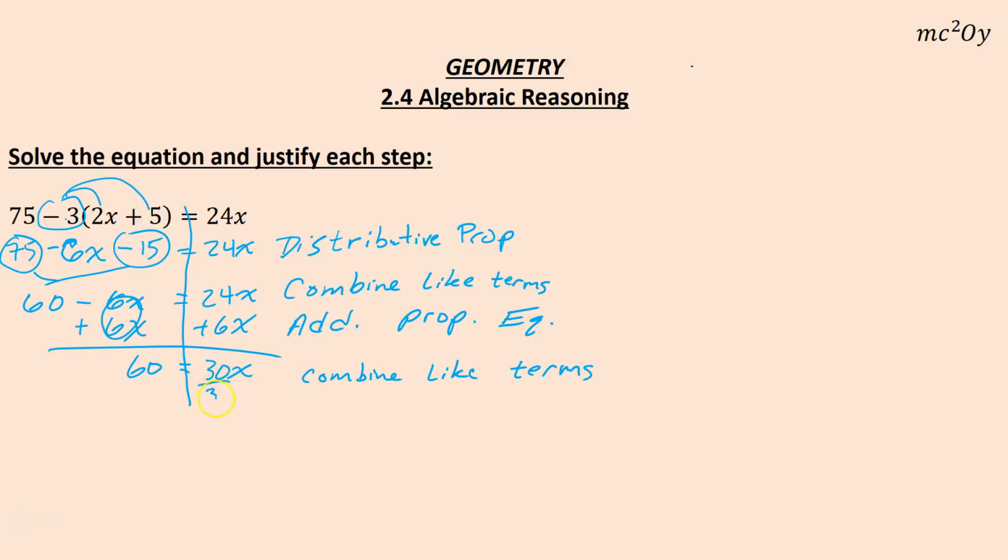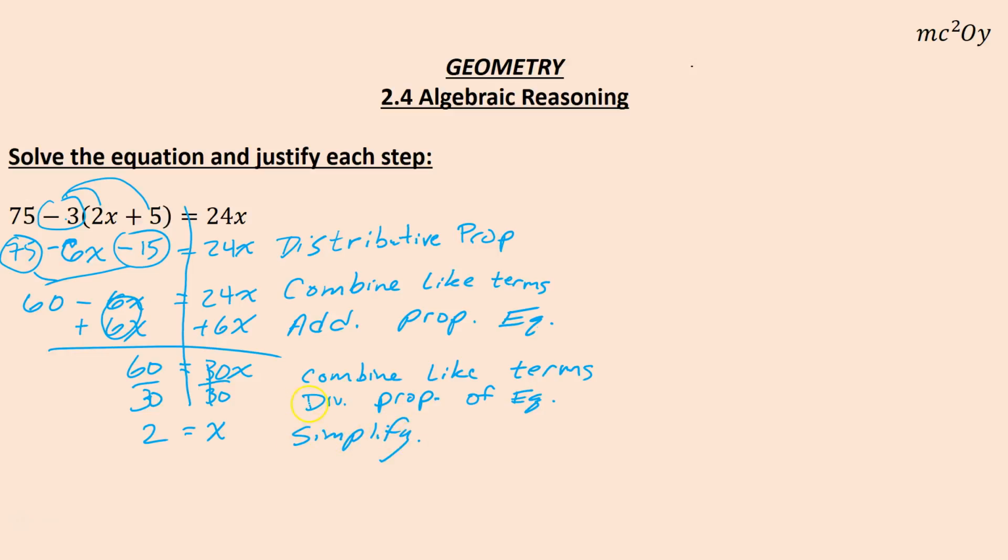Last thing, I'm going to divide both sides by 30. That leaves me with 1x equals 2. And once again, same thing, division property of equality, and then simplify.